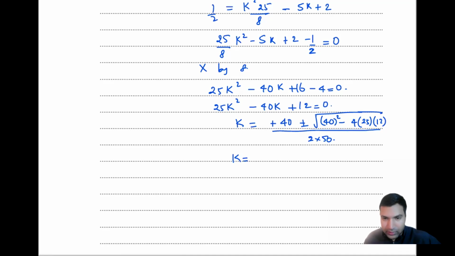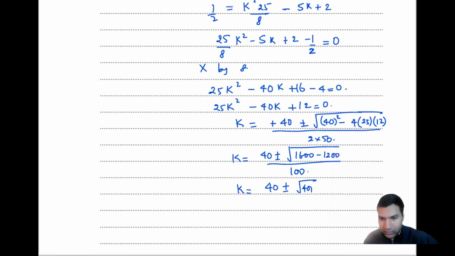So I get the value of k as 40 plus minus under root 40 squared is 1600, minus 4 times 25 is 100, 100 times 12 is 1200, over 100. So we get 40 plus minus under root 400 over 100, which is nothing but 40 plus minus 20 over 100.